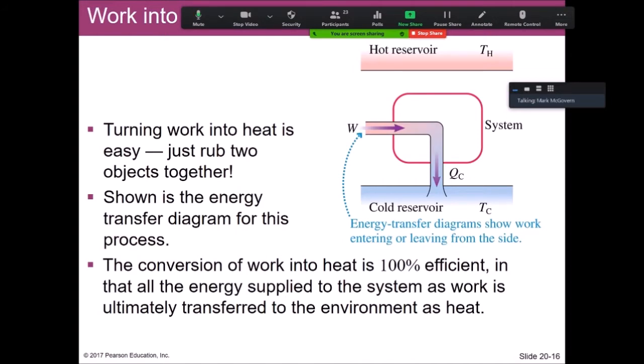The fact that my hand heats up here is not due to the fact that I'm just in contact with something. It's due to the fact that I've performed work. So this is fine. It happens all the time. This is what's called friction, right? That's no big deal, except that's not something that is useful.